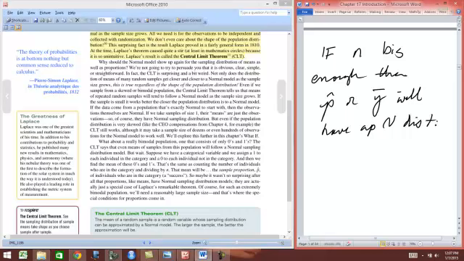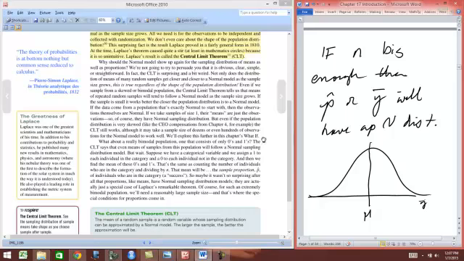So if n is big enough, then just say you're distributing a whole bunch of y-bars. Okay? And you got 10,000 y-bars. Now what are these going to distribute about? They're going to distribute about the true population mean, mu, which is designated by the Greek letter mu. Okay?